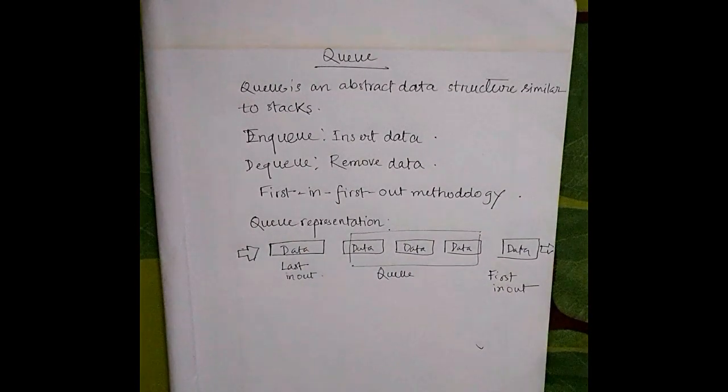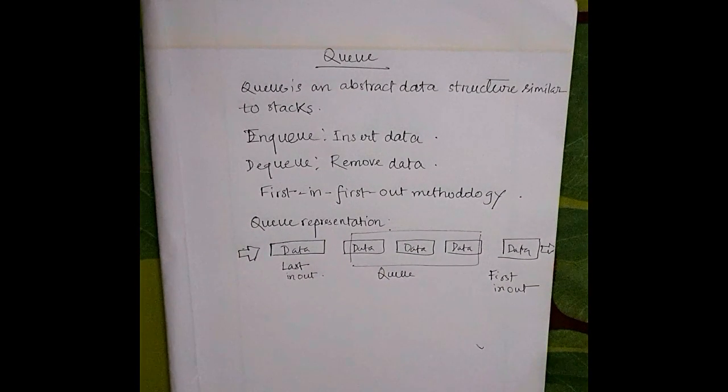Okay then, this is how the queue representation will look. As in stacks, a queue can also be implemented using arrays, linked lists, pointers and structures. For the sake of simplicity, we shall implement queues using one-dimensional arrays.